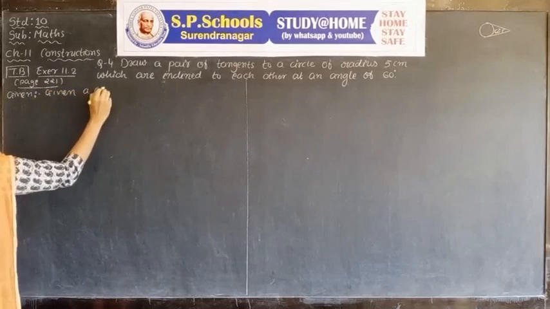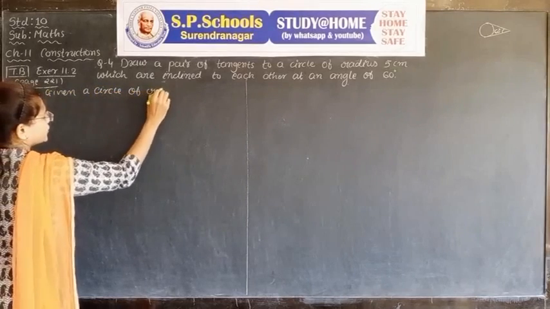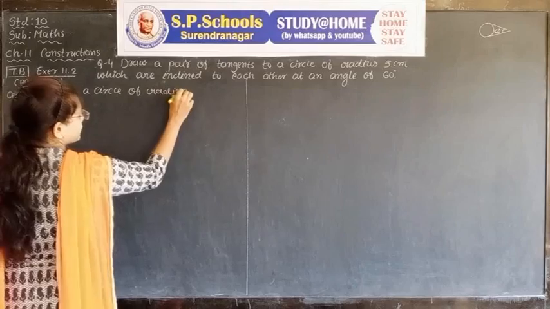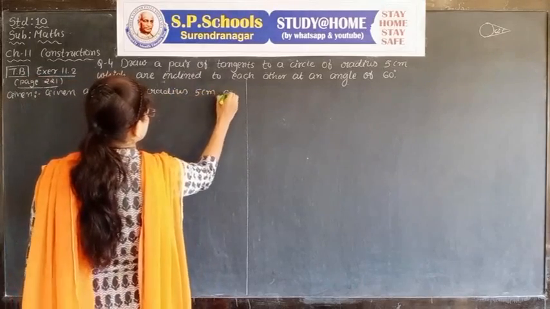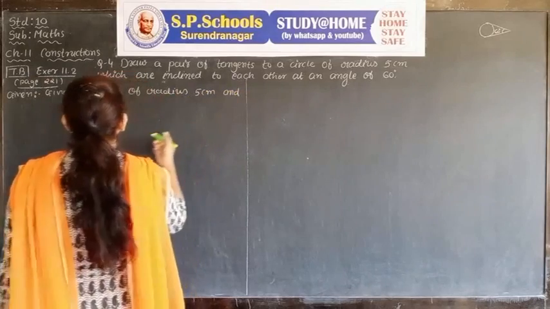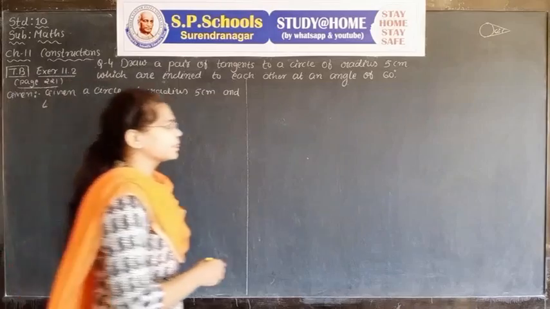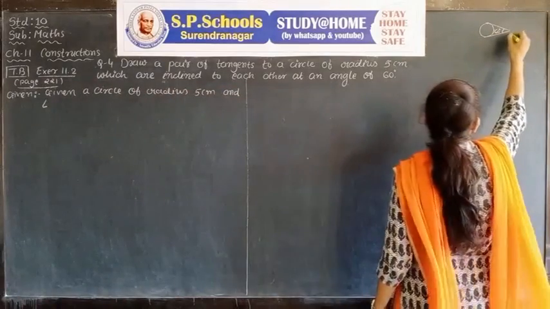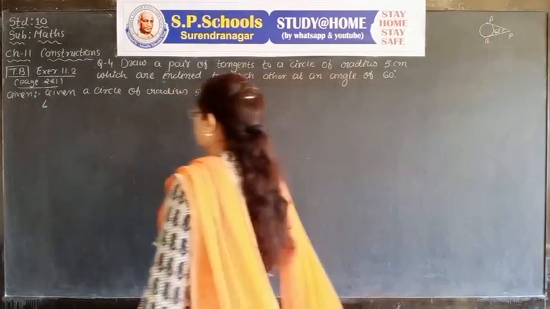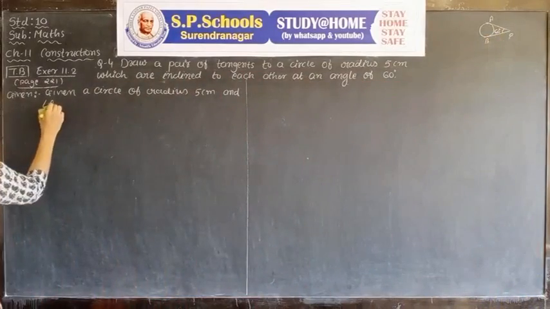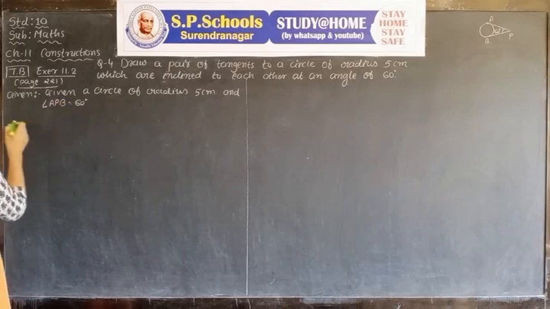Given a circle of radius 5 cm and one angle, suppose point P lying outside it, the angle APB is equal to 60 degrees.